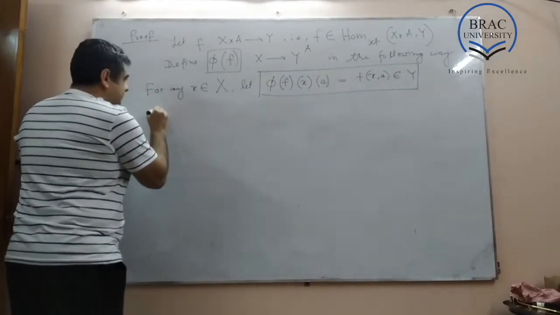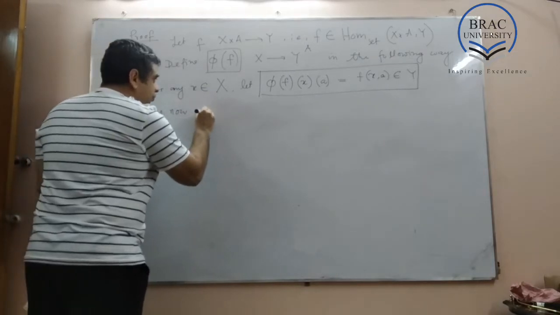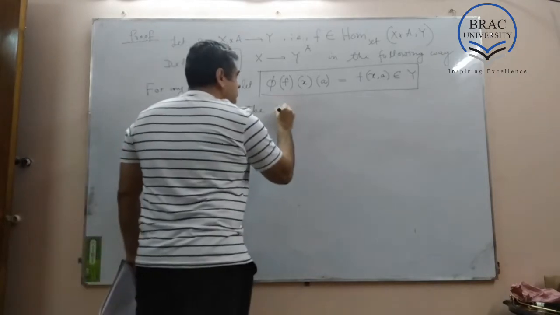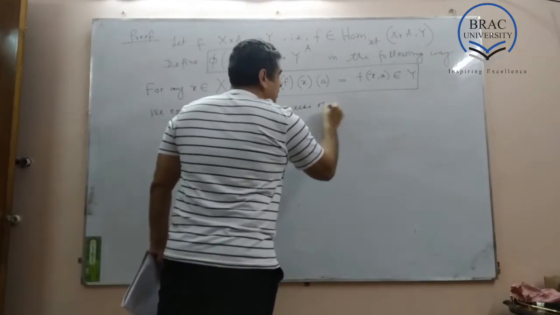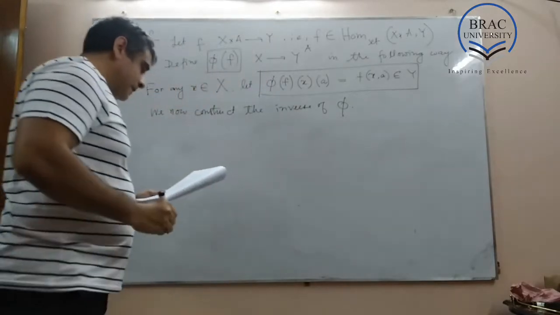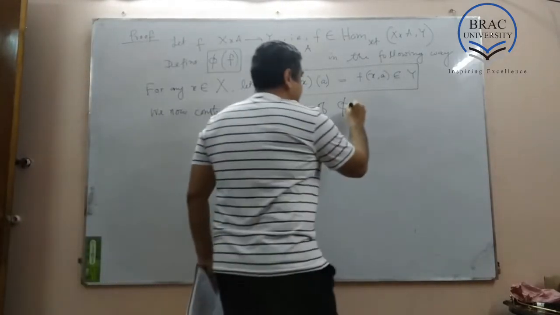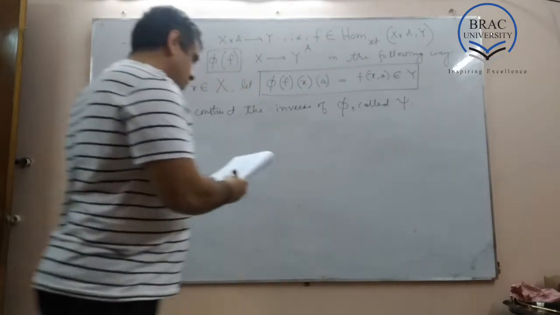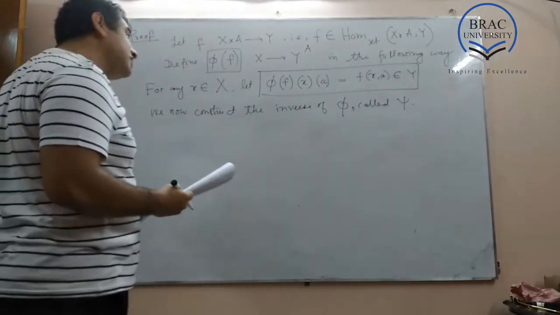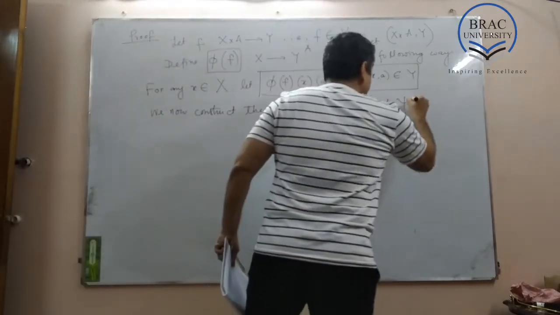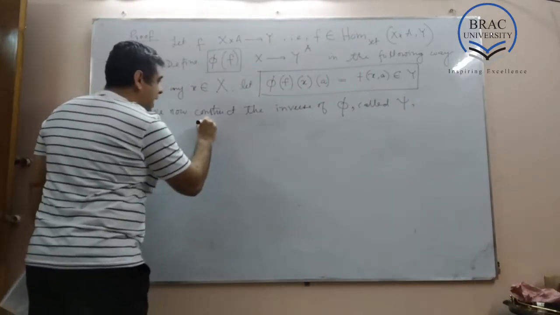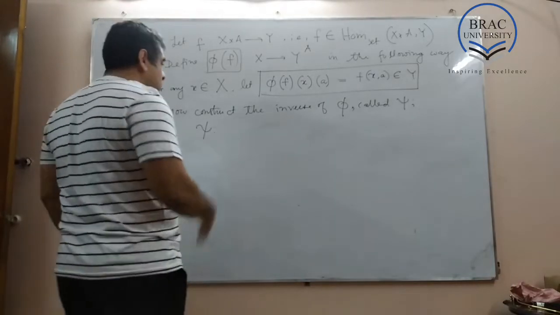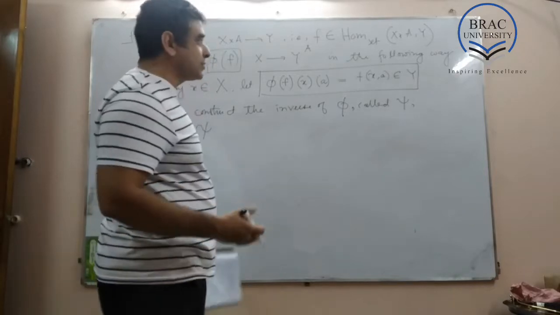We now construct the inverse of phi, called psi. Well, since psi is an inverse of phi, psi will be a map between two hom-sets, but the domain of phi will now be the codomain of psi.